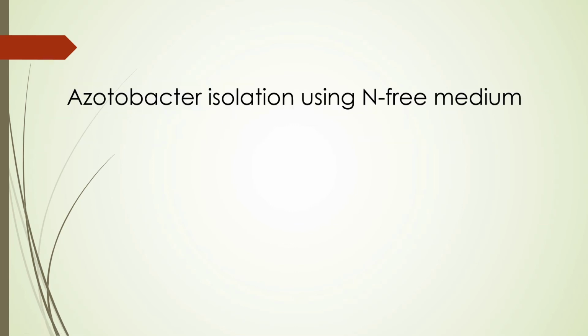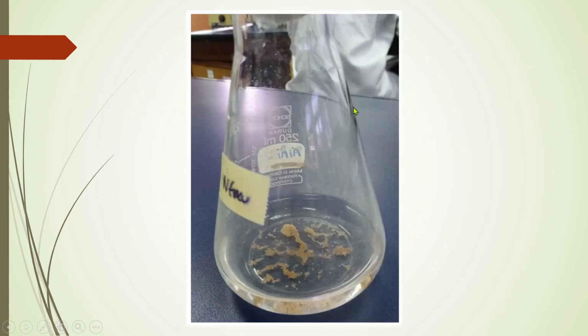Okay, so for the next practical, we will be repeating the Azotobacter isolation using nitrogen-free medium carried out by Martinus Beijerinck. This uses the approach of everything is everywhere, the environment selects. So this is the flask containing the N-free medium.